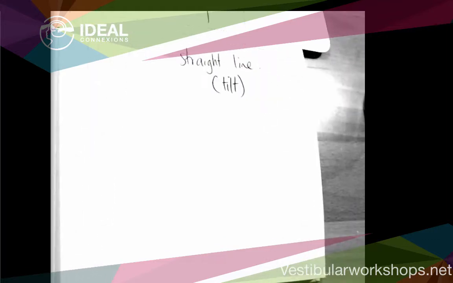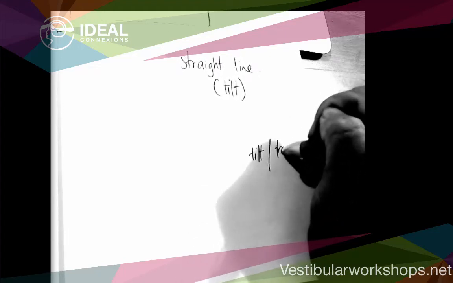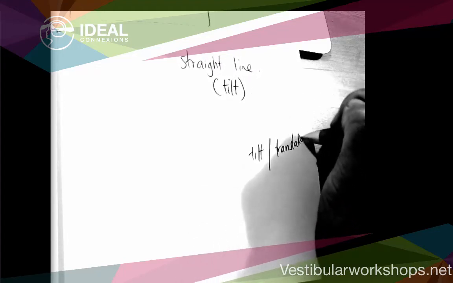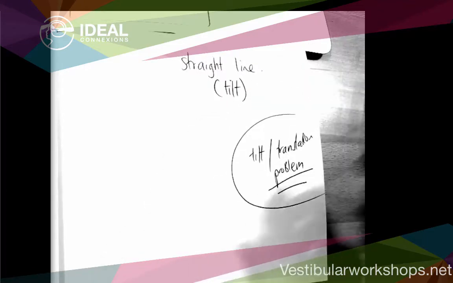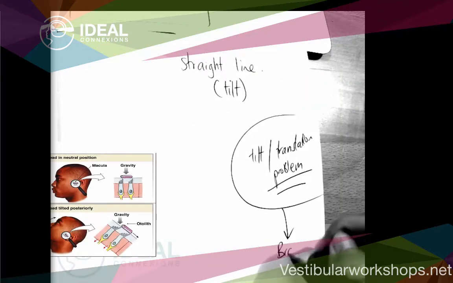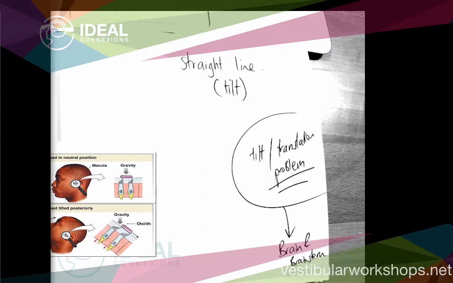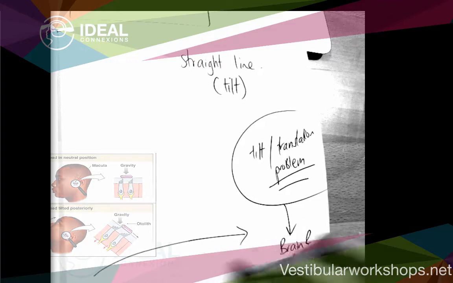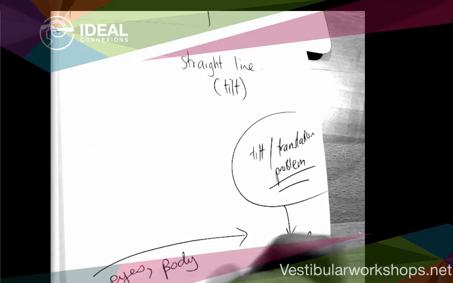And that's where you have something that's called the tilt translation problem. All that means for later is that the brain fixes that, or the brain and brainstem need more information. And that's part of the reason that you need eyes and body as well.